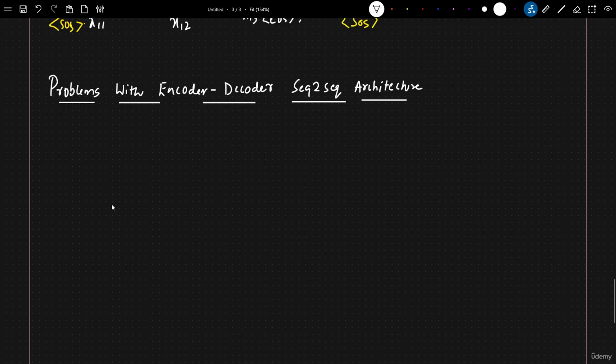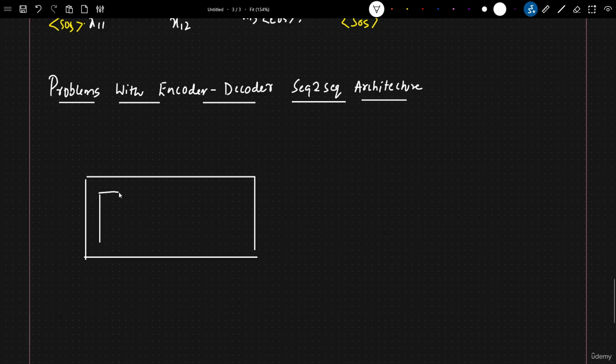So let me quickly create a generic structure again. So this is my encoder, right? Now with respect to the encoder, let's say I'm using LSTM. So over here I have my LSTM, here also I have my LSTM, and similarly here also. Let's say with respect to time, I have drawn t is equal to 1, 2, 3, 4.